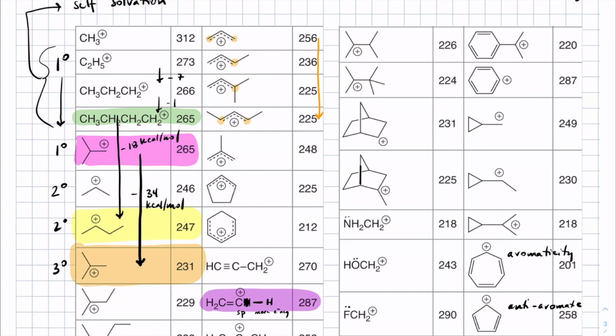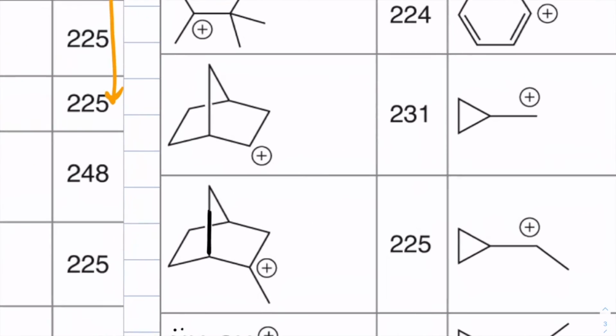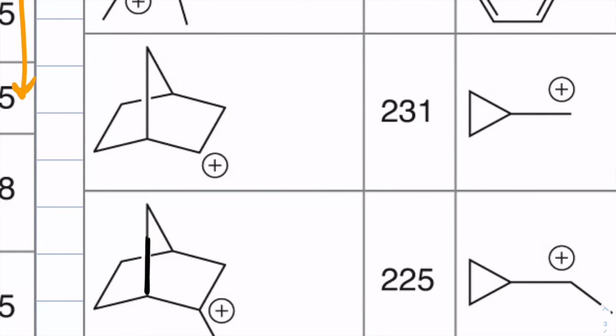One interesting comparison to make is between these two norbornyl carbocations. So here you have a secondary carbocation and a tertiary carbocation with similar numbers of carbons.